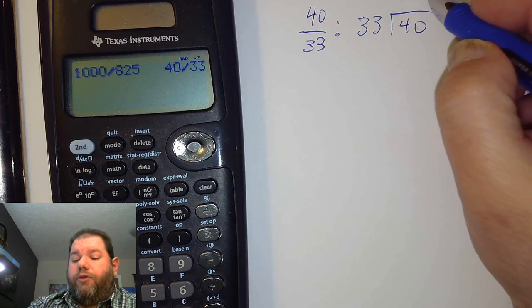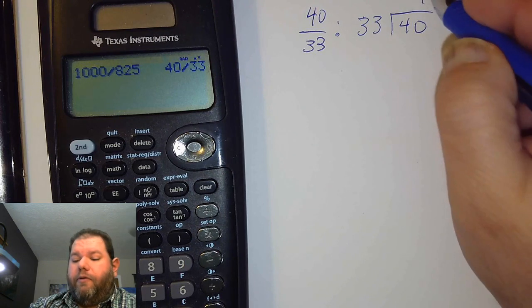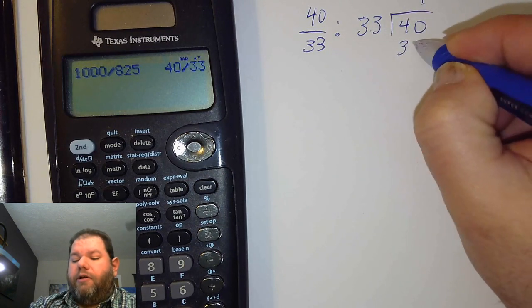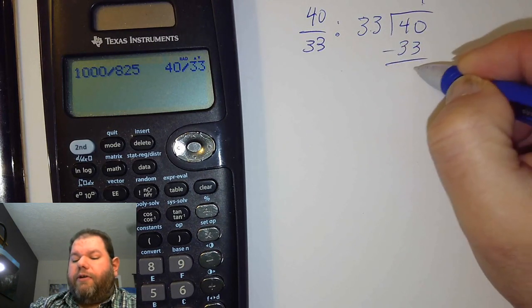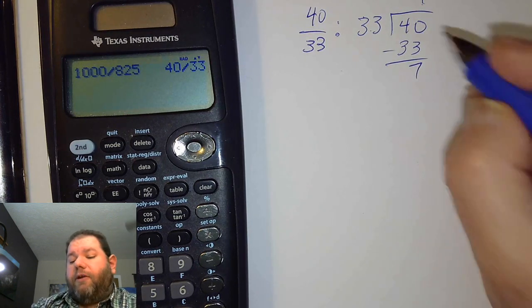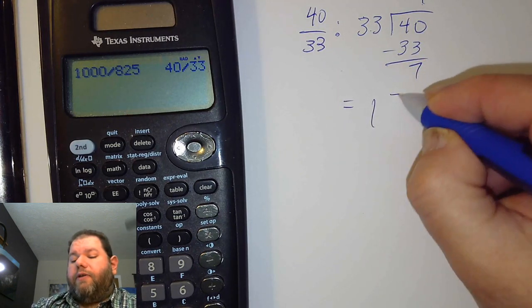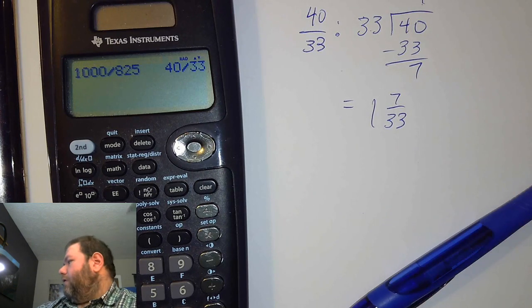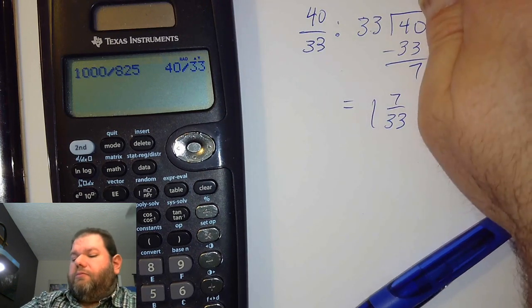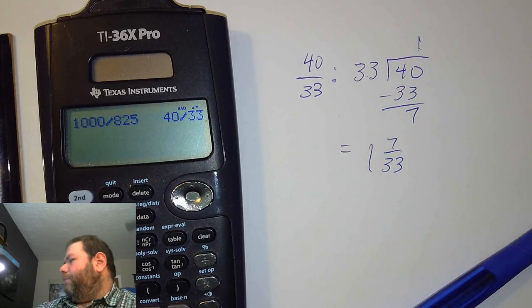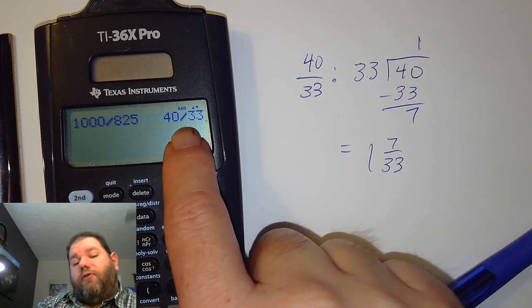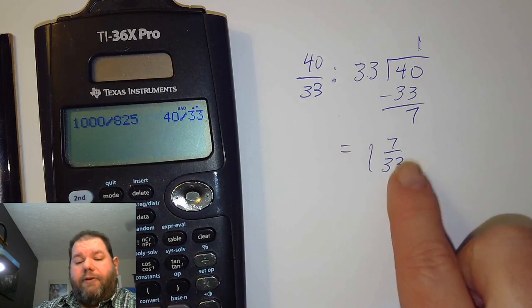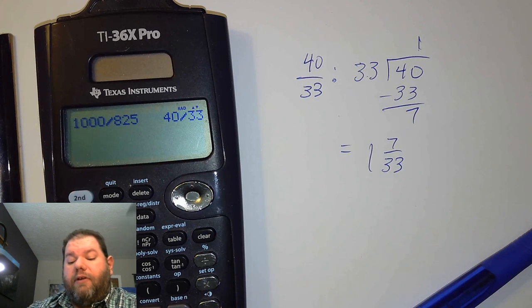Well, there's only one 33 in 40. 1 times 33 is 33, and then we subtract and leave 7 as a remainder, so that is 1 and 7 over 33. Okay. And so for a calculator such as this that will put it in reduced form but not actually change it to a mixed number, that's the next step that we would need.